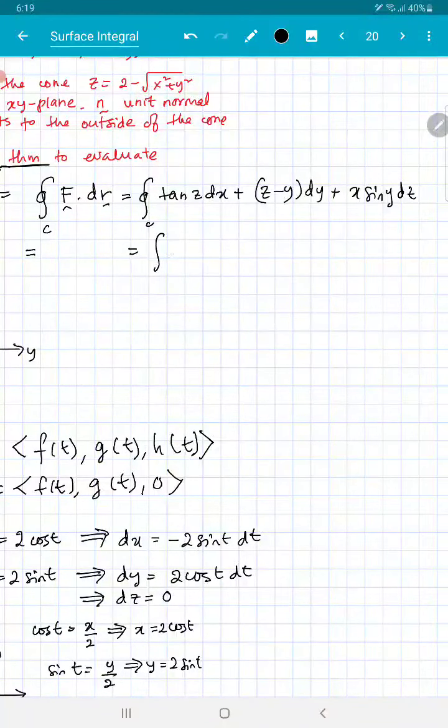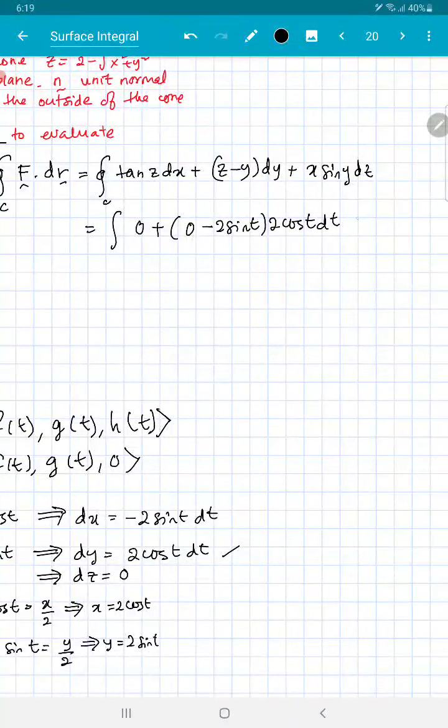So this is 0. The second term we have z minus y, so z is 0, y is 2 sine t, and dy is 2 cos t dt. And then we have x plus sine y dz, but remember dz is 0, so again we have 0 there.